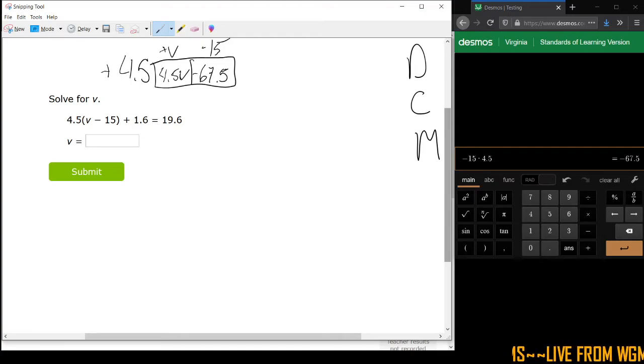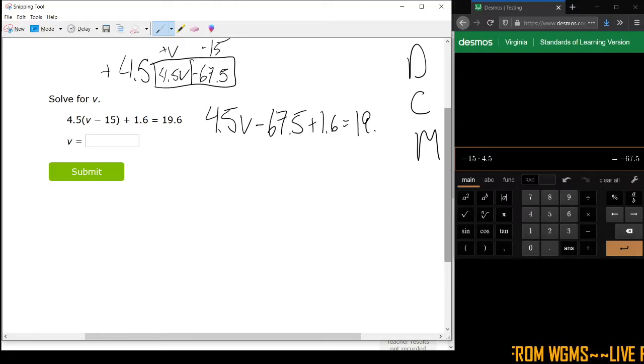So now, instead of these parentheses, I write my equation. I have 4.5v minus 67.5 plus 1.6 is equal to 19.6. I can combine some like terms. I have a constant and another constant, again on the same side, and so I want to do those first.